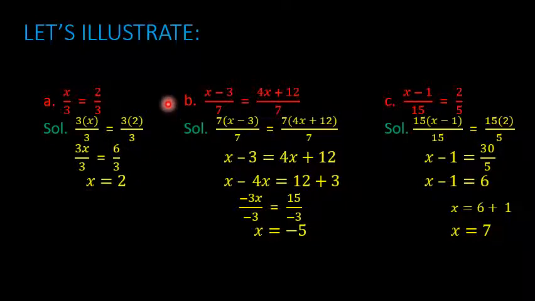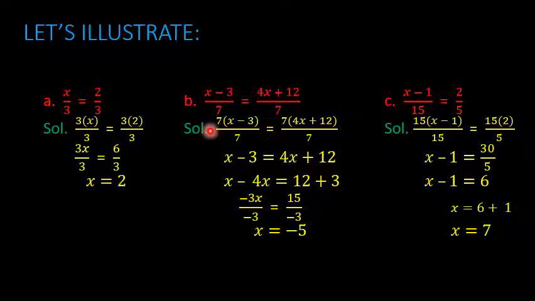For letter B, the equation here is x minus 3 over 7 is equals to 4x plus 12 over 7. Mapansin ninyo, the denominator is both the same, 7. So, ang kaning 7, i-multiply ninyo diri sa 4x plus 12, o ang kaning 7 sa pikas, i-multiply ninyo sa x minus 3. So, naa tay 7 times x minus 3 over 7 equals to 7 times 4x plus 12 over 7. So, pila ang 7 times x minus 3?